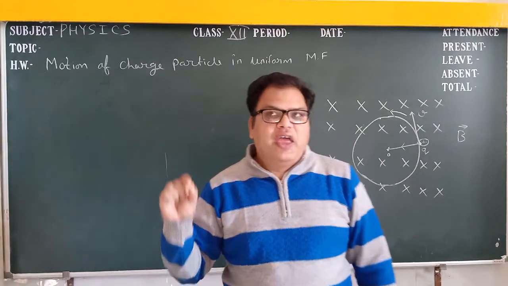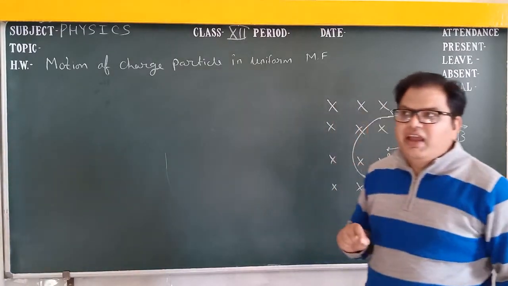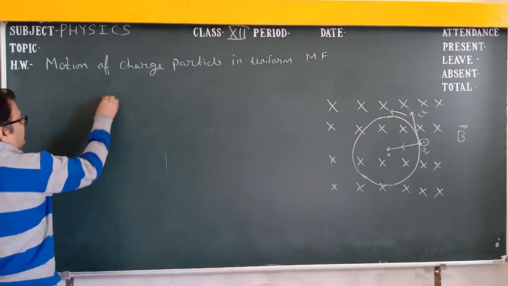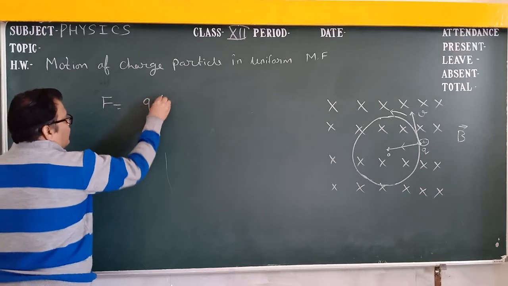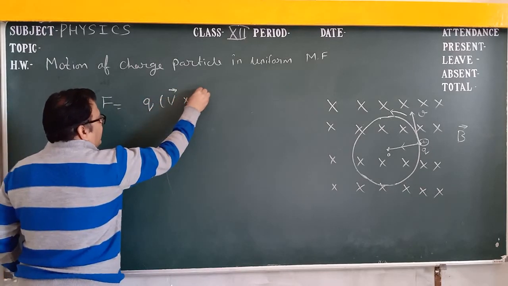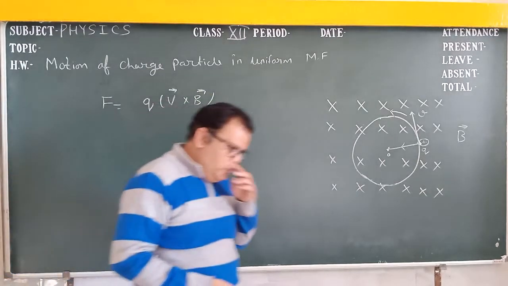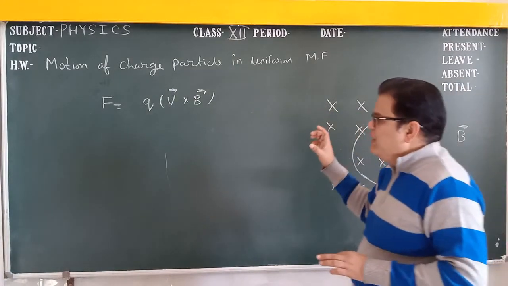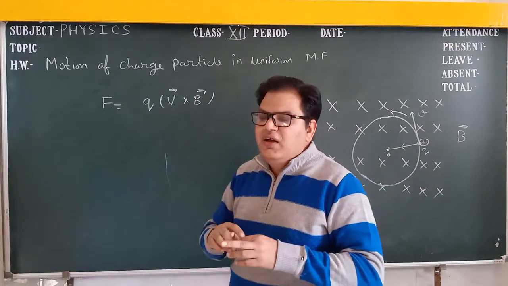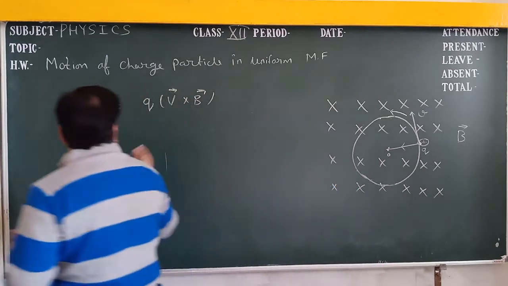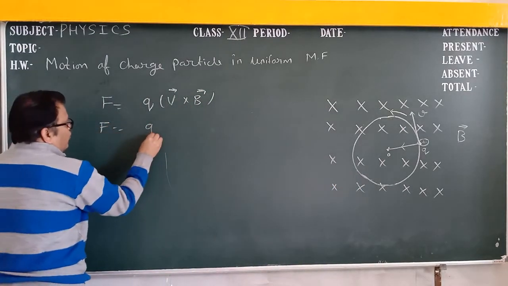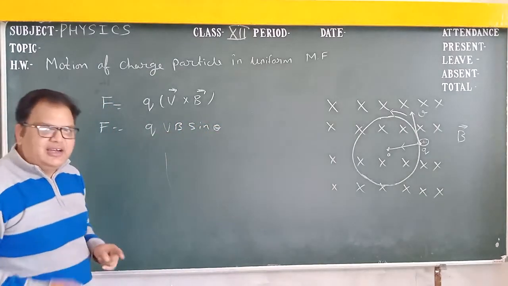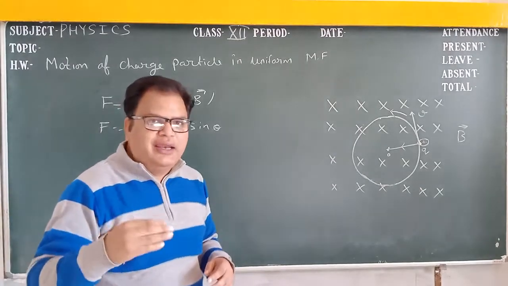Student, the force acting on a charged particle in a magnetic field is F equal to Q V cross B. Suppose V and B are inclined at an angle theta, then F equal to Q V B sin theta.